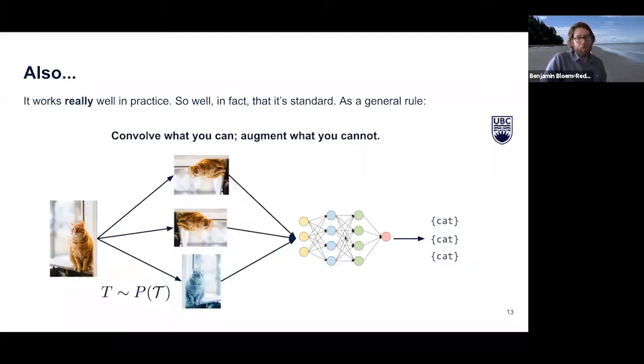So we're basically showing the neural network examples of transformed inputs that correspond to the same output. This is exactly the type of structure that we would like to represent, and we're just doing this during training. So that's data augmentation.